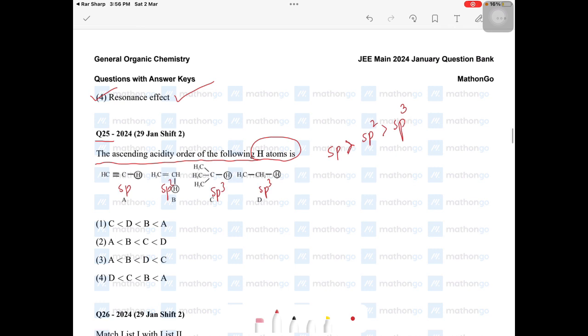So no doubt A is more than B, then C and D. Out of these two, D is more acidic than C. Why? Because C has 3 electron donating groups. That's why polarity of the bond decreases. AB, DC. So first one is correct.